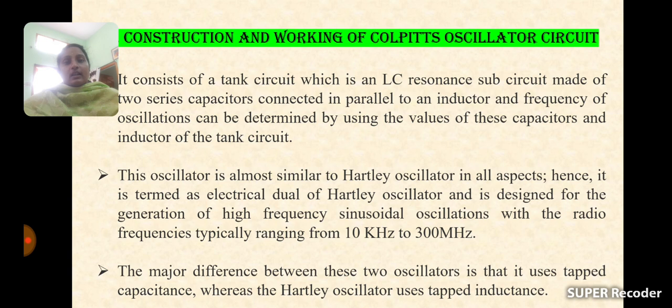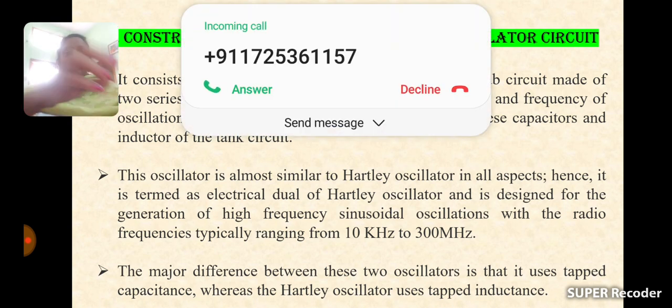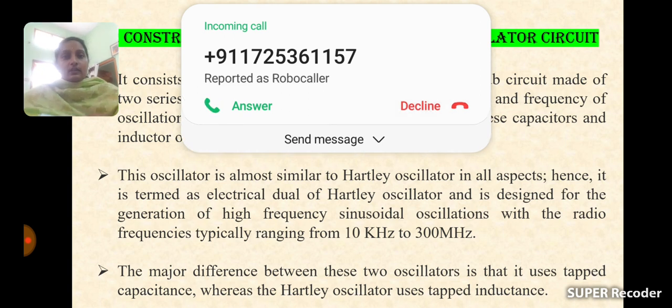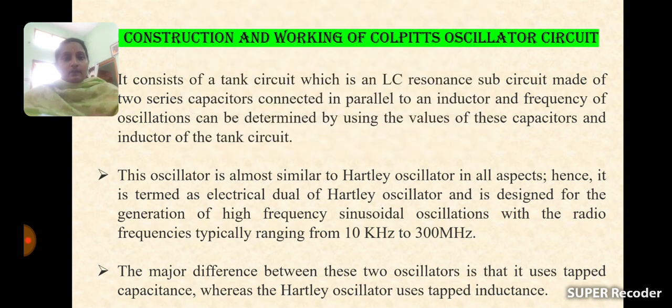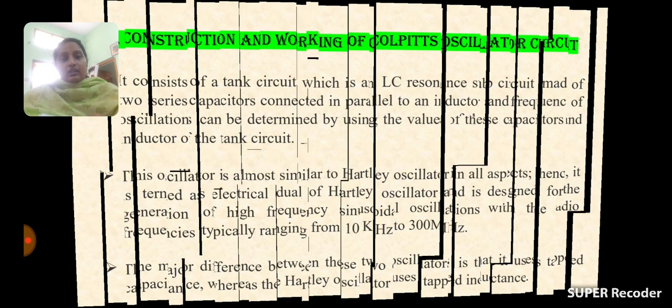Once check the slide. So the oscillator is almost a Hartley oscillator already, except for the tank circuit. And coming to the operation, it produces high frequency sinusoidal oscillations in the radio frequency range.